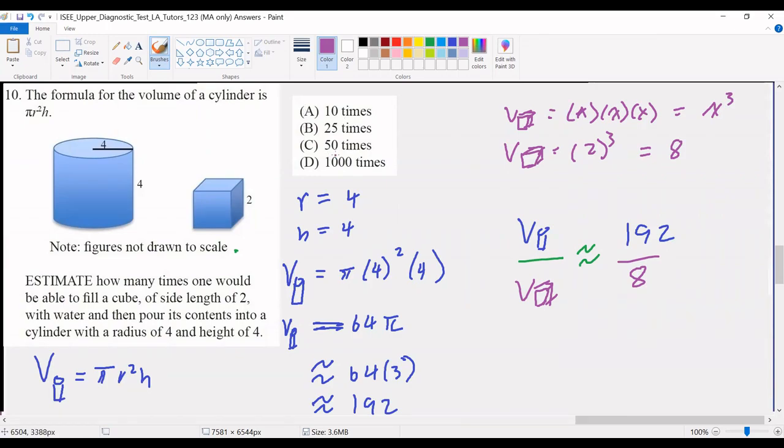So if we take 192 divided by 8, that's going to be approximately 24. So this gives us 24 as our approximation. So that means our answer is going to be B. The cube can be poured about 24 times or 25 times, we're rounding a little bit up, into the cylinder. And that's it for number 10.